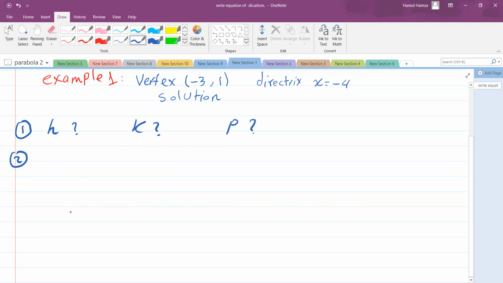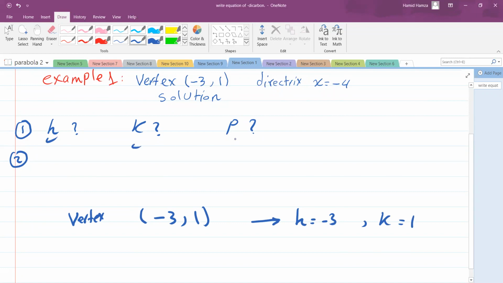So the first thing here, I write the vertex. The vertex here is negative 3 and 1. From the vertex, I get h, which is negative 3, and k, which is 1. So I get h and k directly.